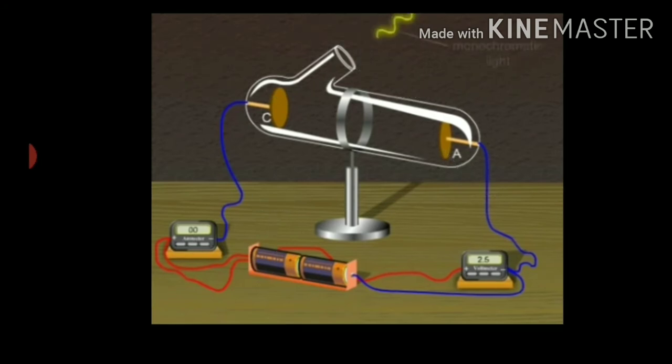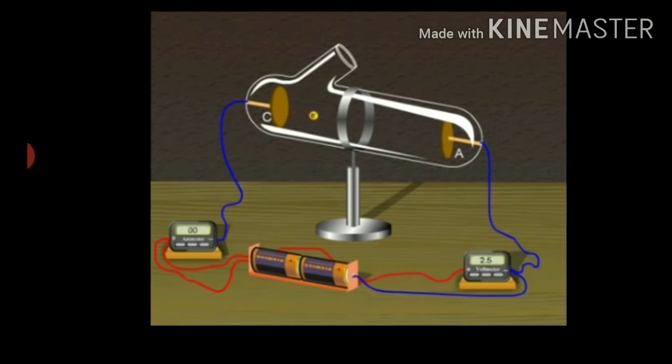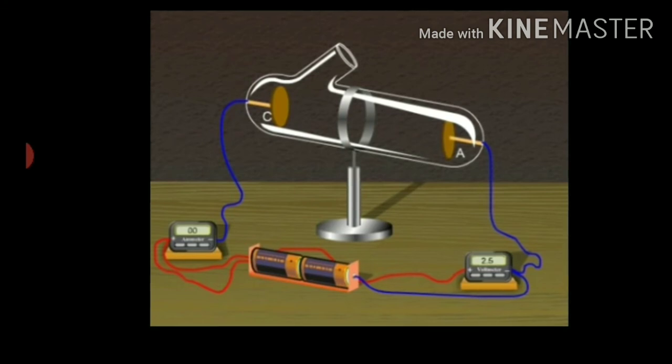Monochromatic light of a sufficiently short wavelength passes through this window and falls on the photosensitive plate C. Because of the photoelectric effect, electrons are emitted by plate C and are collected by plate A, the collector. And why does this happen? By the electric field created by the battery.